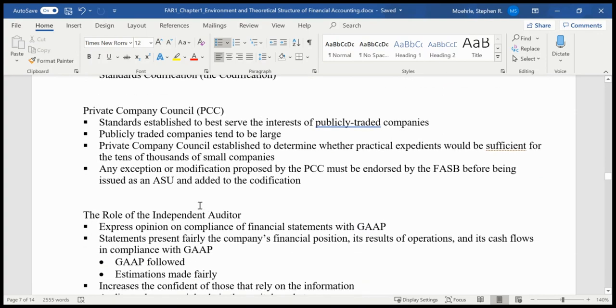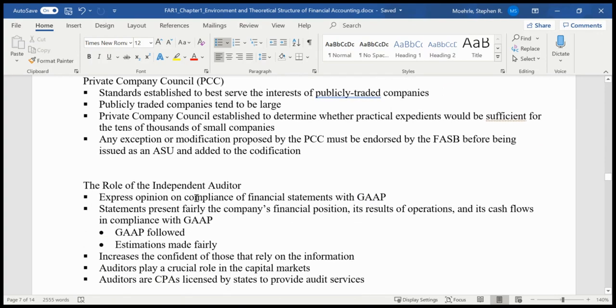There's also a Private Company Council that makes some accounting rules. The standards established above are established to best serve the interest of publicly traded companies. The publicly traded companies tend to be huge.